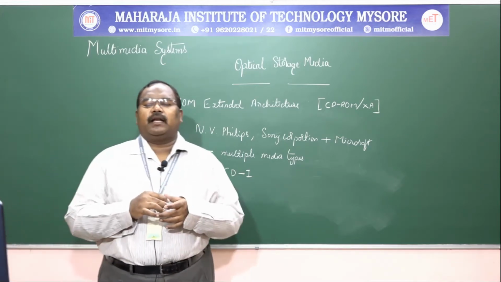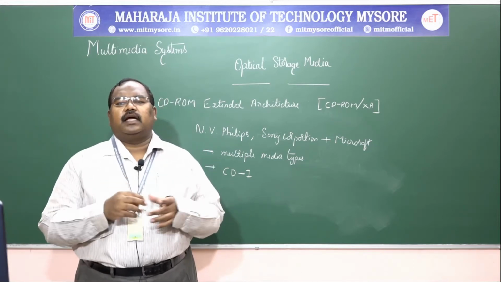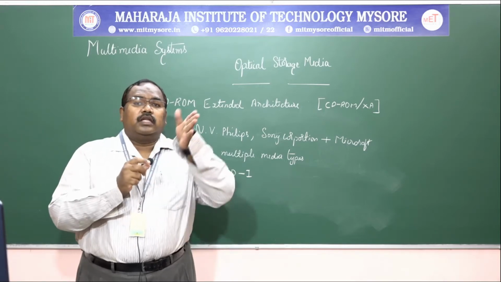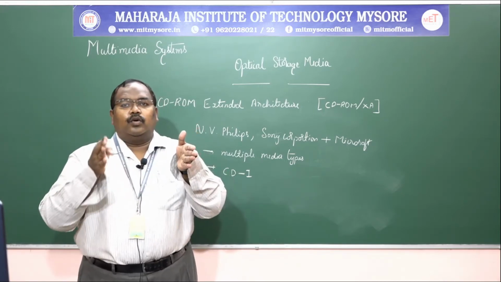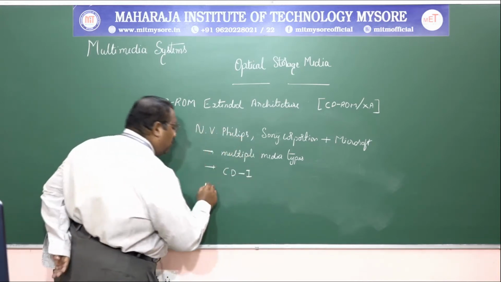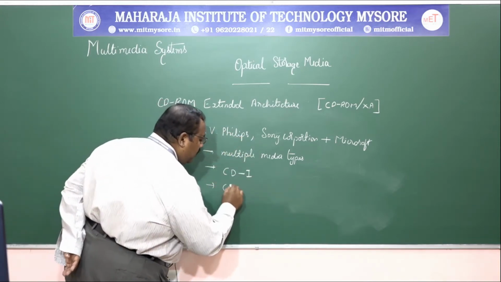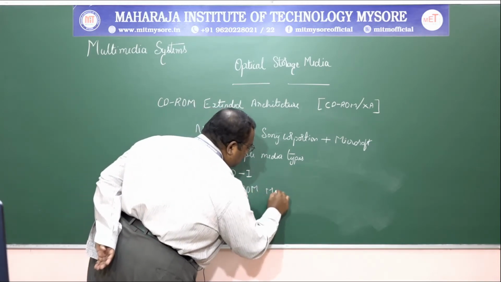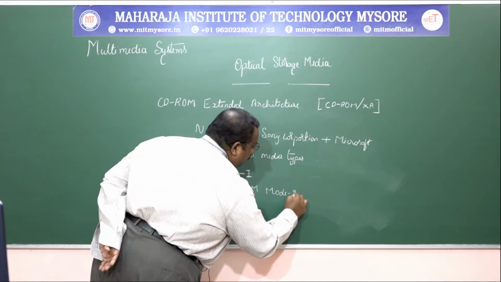The next important parameter in the CD-ROM extended architecture is that whereas in the CD-ROM we had two modes, mode 1 and mode 2, here the CD-ROM extended architecture uses only CD-ROM mode 2.